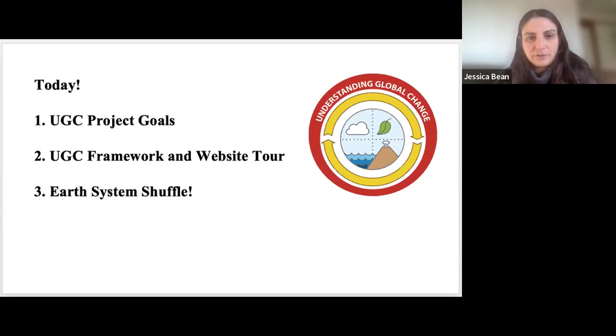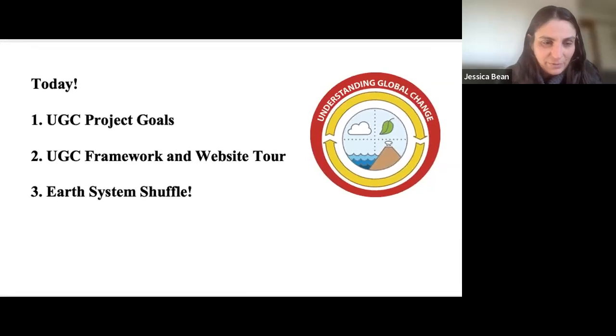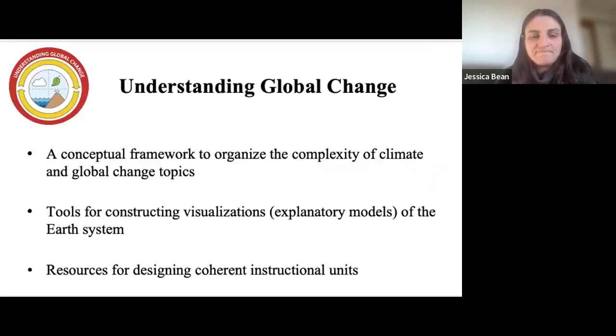Some of these materials are also found on the CLEAN website as well. And then hopefully we're going to have some time to play what I call Earth System Shuffle, where you get to experience the tools and think about how you might be able to use these in your own educational settings, whether it's in the classroom or more informally. So again, really excited to be here today with you to talk about these things.